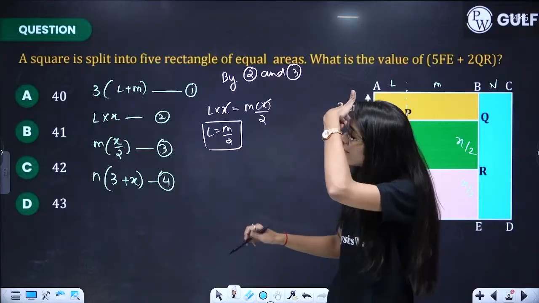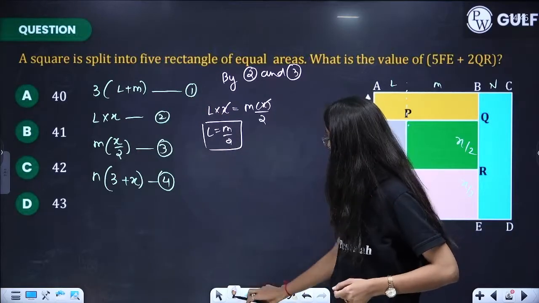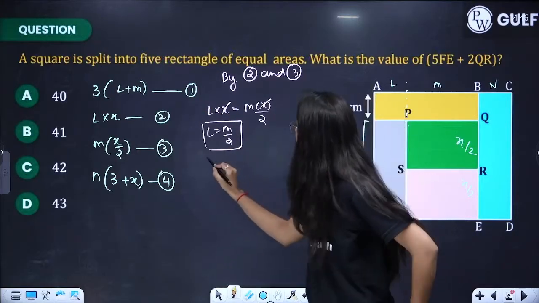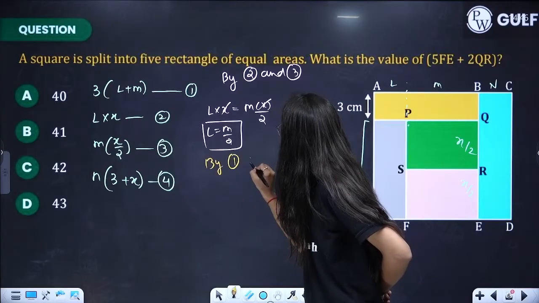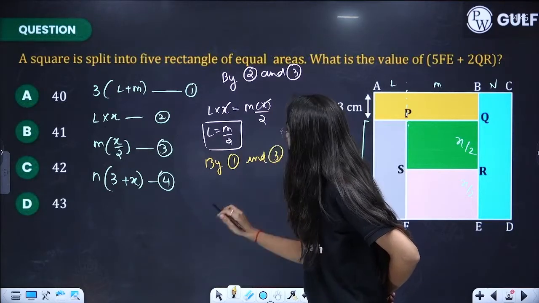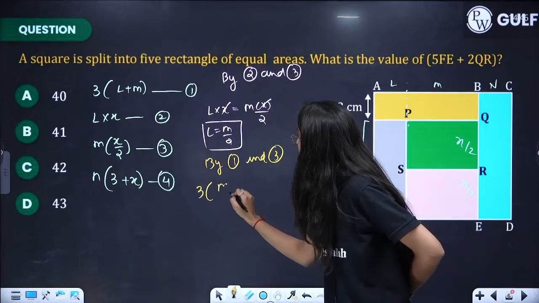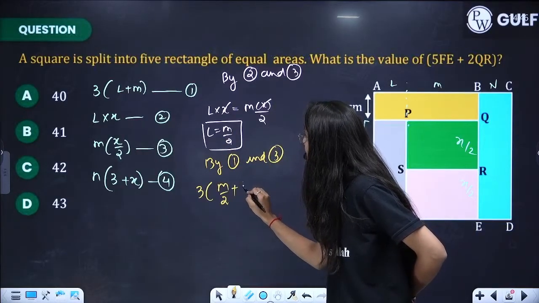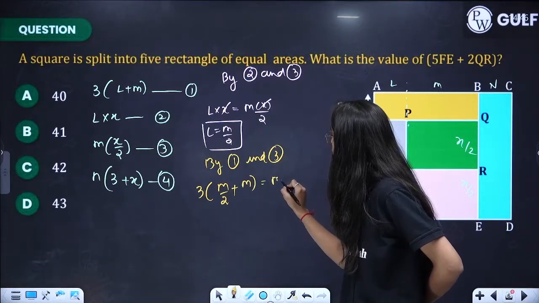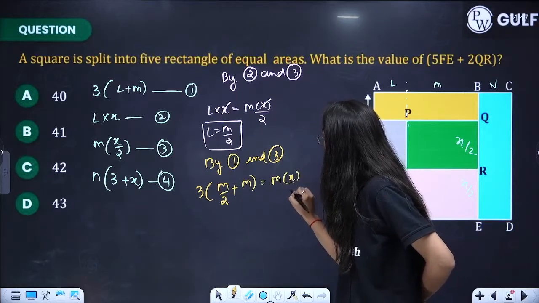Now, if I compare my first and third equation, I'm getting 3 into, using the relation straight away, M by 2 plus M is equal to Mx by 2.